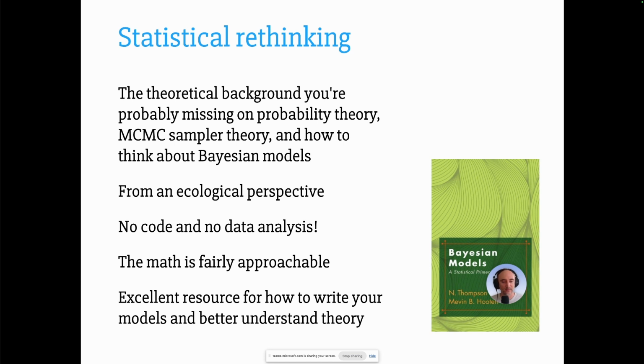The math is actually quite approachable, and it's really an excellent resource as well, as I talked about earlier, for how to write your models to better understand theory and how to think about building Bayesian models. So, excellent resource, not a very thick book either, and I think it filled in a lot of holes in my understanding, for sure.